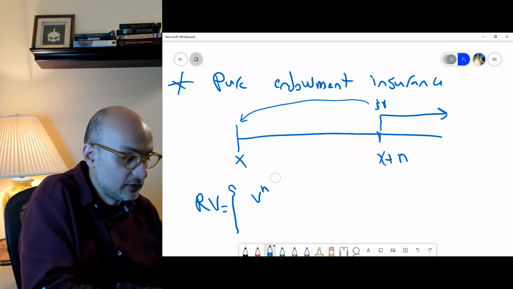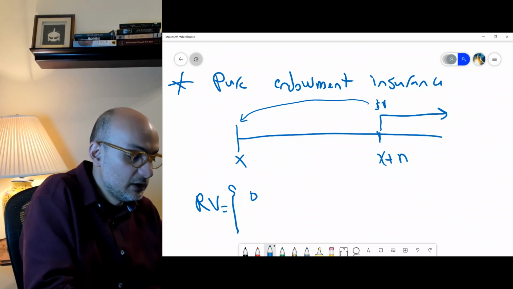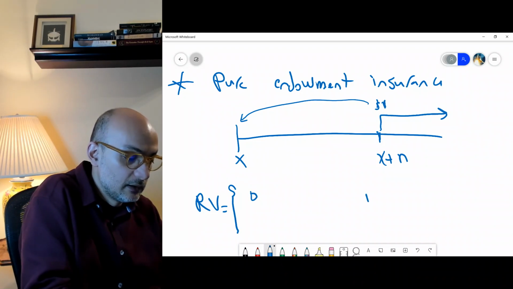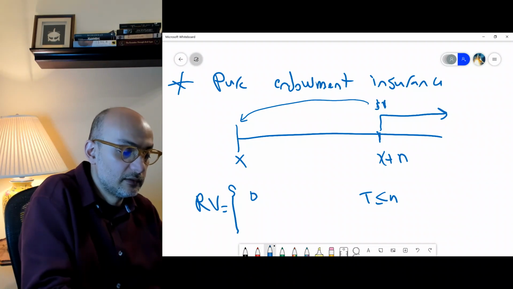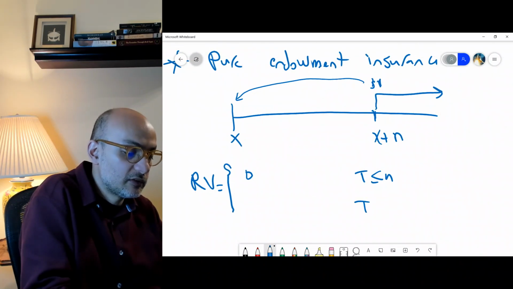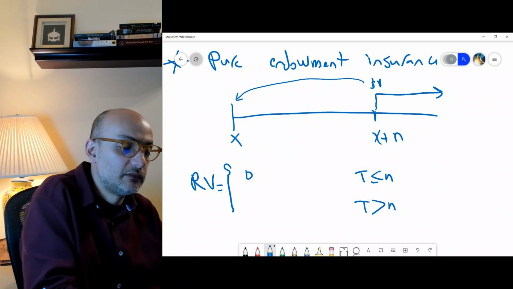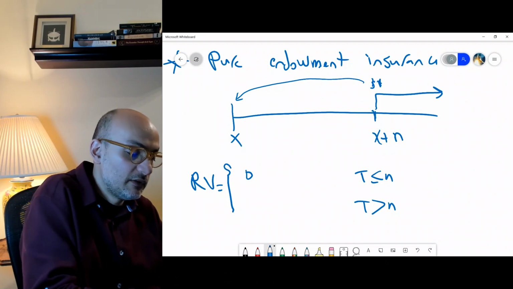Sorry, maybe we should have 0 first. 0 if death occurs, T, if a death occurs less than or equal to n, you get 0, right? But if death occurs greater than n, then this one will be the discounted value of the $1. The discounted value of $1, the present value, you can write it v to the n.